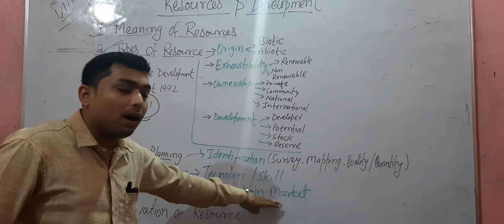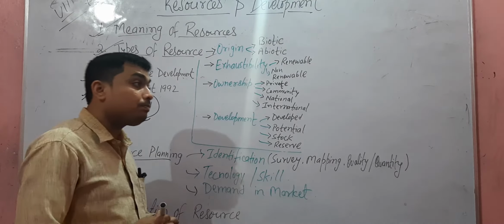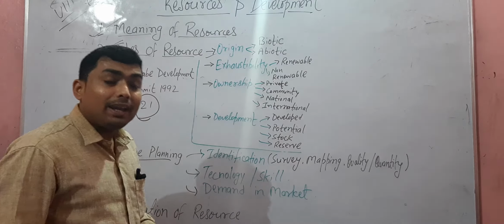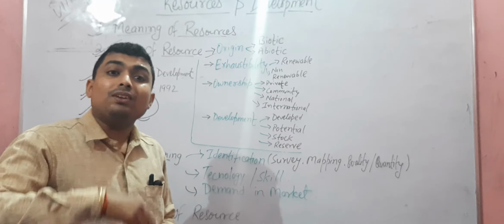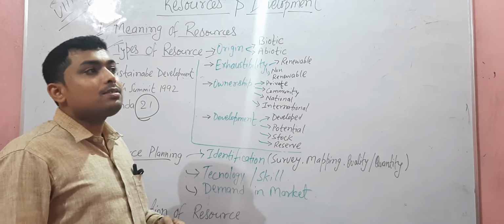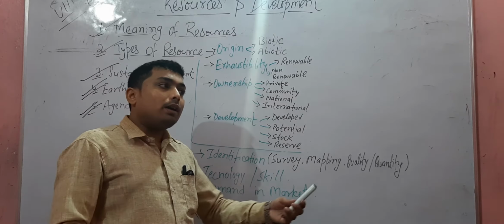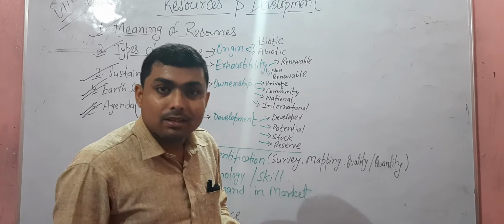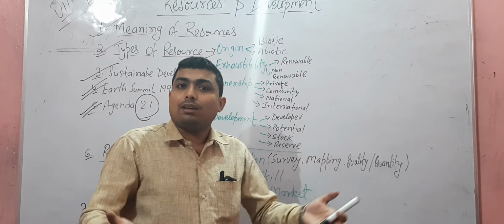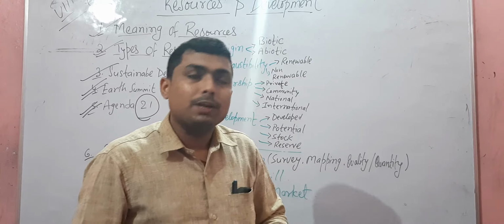Next is demand and market. Resource planning at the country level is something which is meant for selling. Suppose we develop a resource whose demand in the market is very little or almost nothing, it means 0%.